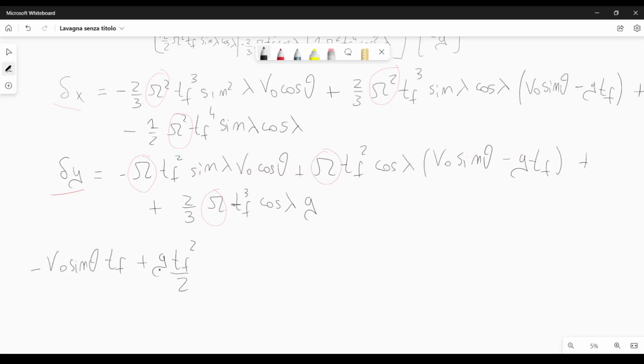And we know that this is 0 if we neglected the Coriolis force.